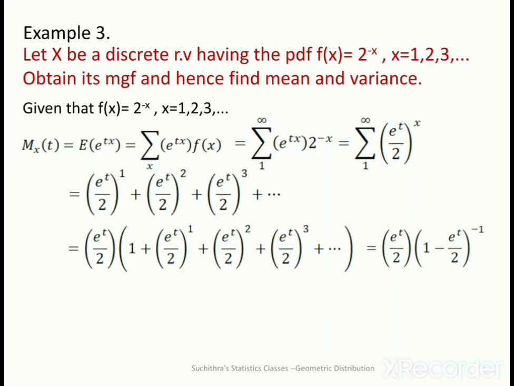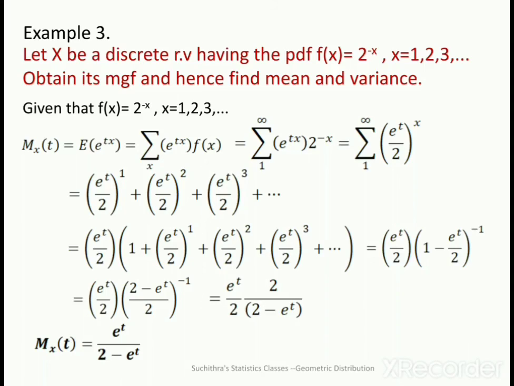So this is equal to e raised to t by 2 into (1 minus e raised to t by 2) all raised to minus 1. Then we will get moment generating function M_x(t) equal to e raised to t divided by (2 minus e raised to t). Now we want to find mean and variance.